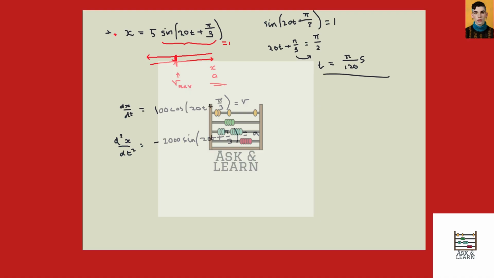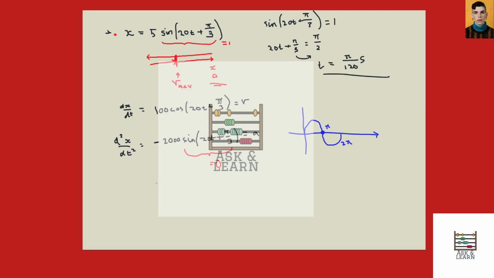So we want a to equal 0, so what we need to do is say that sine(20t + pi/3) is equal to 0. So if we draw a rough sketch of the sine graph, we can see that it follows a period like this, where a complete oscillation is 2 pi, and the first point that it reaches 0 is at pi.